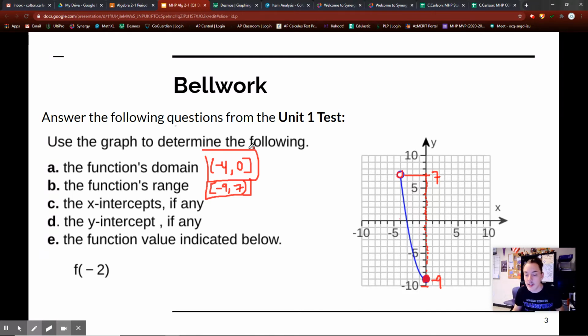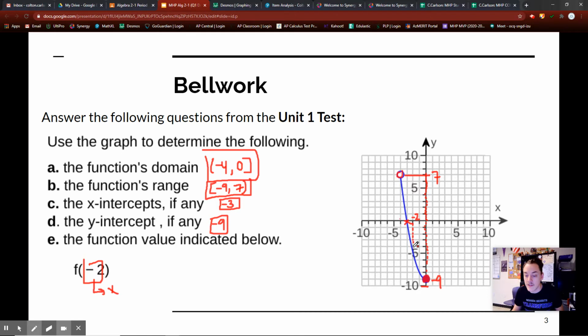So x-intercepts, there is one x-intercept right here. That's at -3, so that's all I'm going to write. Y-intercept, there is a y-intercept right where we said it was, -9. And then -2. -2 is where you look on the graph. This is an x. So that means I look on the x. This is -2 right here.